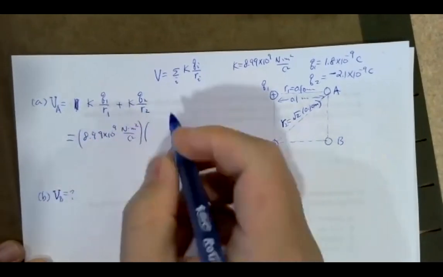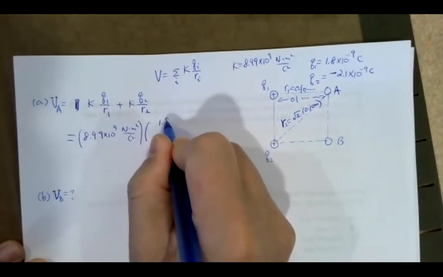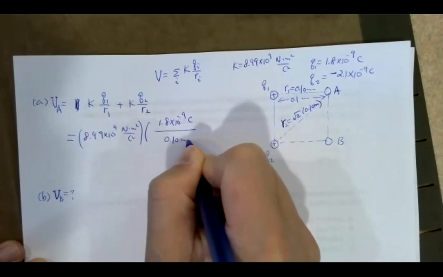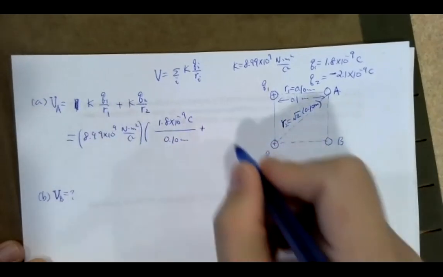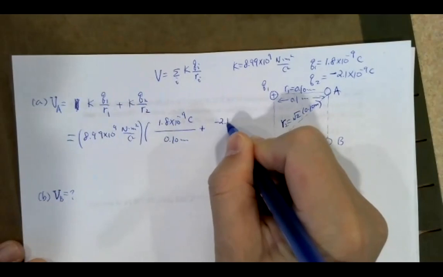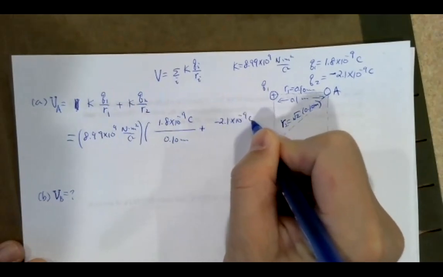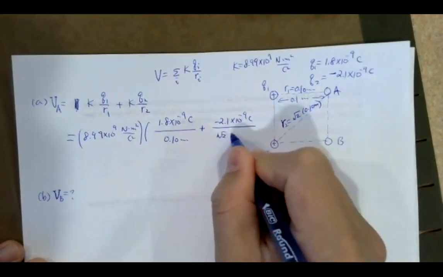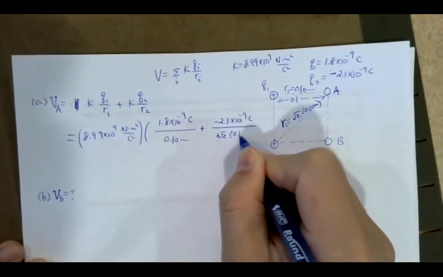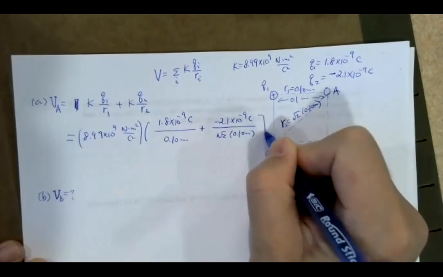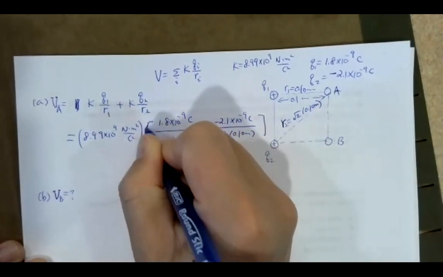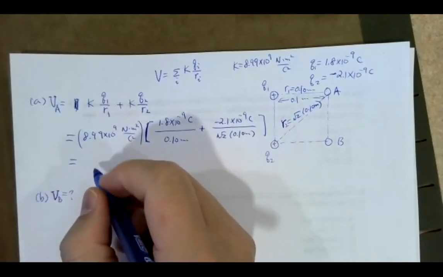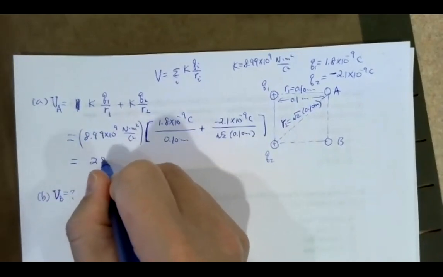Then Q1 is 1.8 times 10 to the minus 9 over R1, 0.10 meters, plus Q2, which is minus 2.1 times 10 to the negative 9, over R2, which is square root of 2 multiplied by 0.1 meters. That will give you your VA. It's about 28 volts.